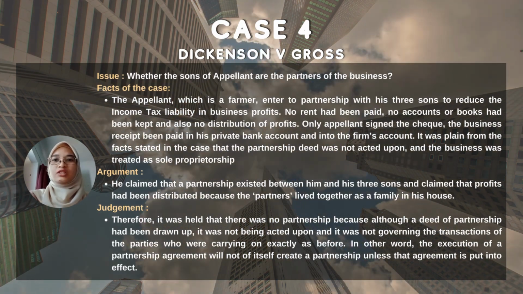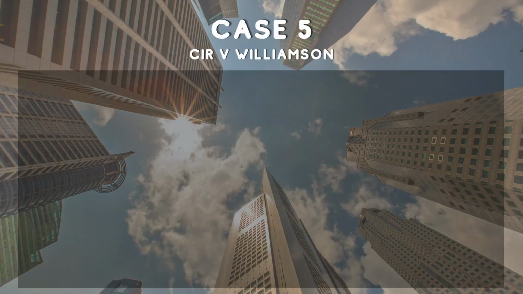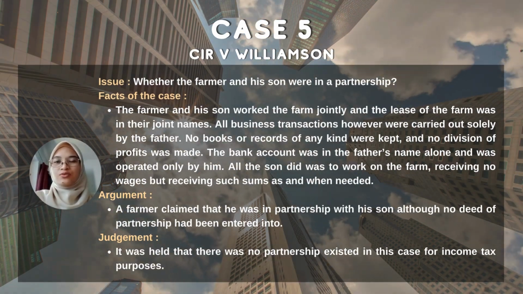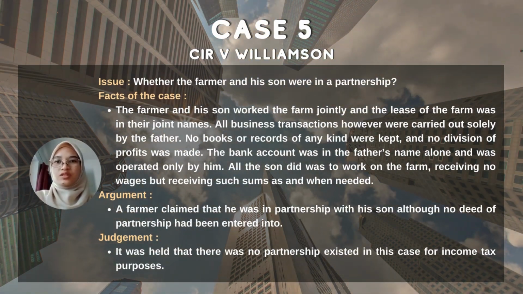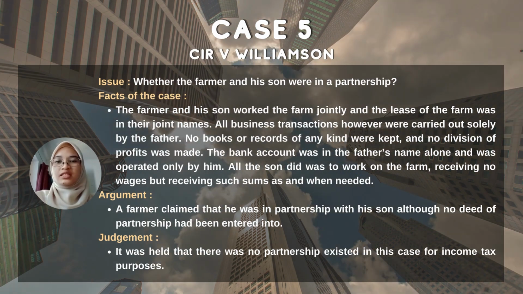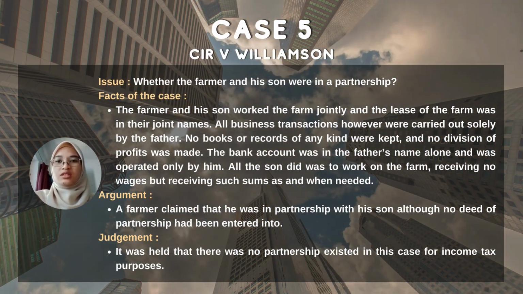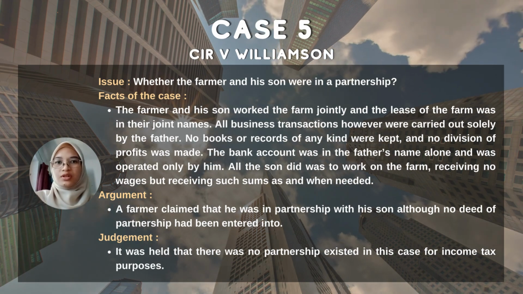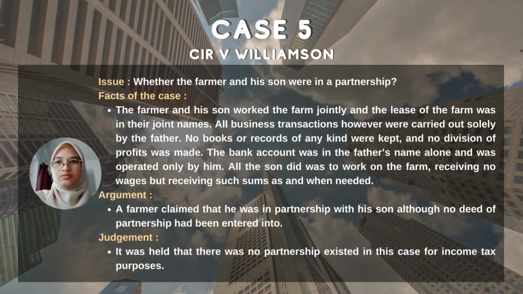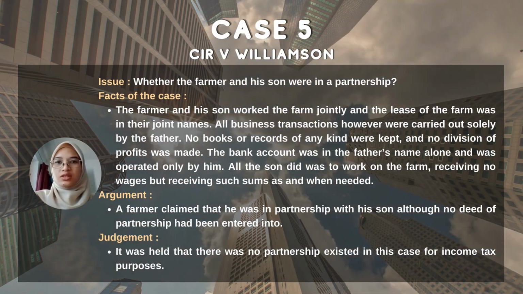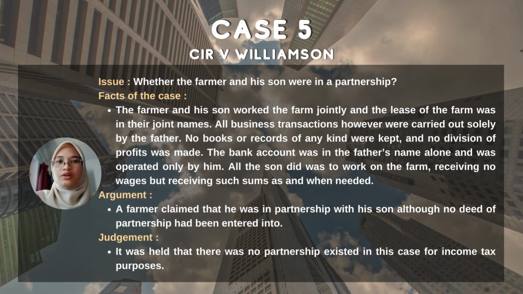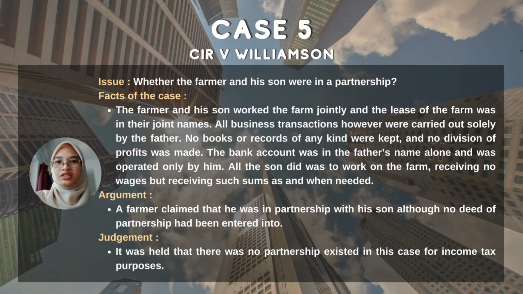Like the previous case, CIR vs Williamson also faced the same issue, whether the farmer and his sons were in a partnership. The farmer and his sons worked the farm jointly, and the lease of the farm was in joint names. All business transactions, however, were carried out alone by the father.